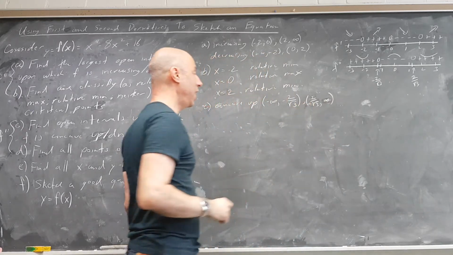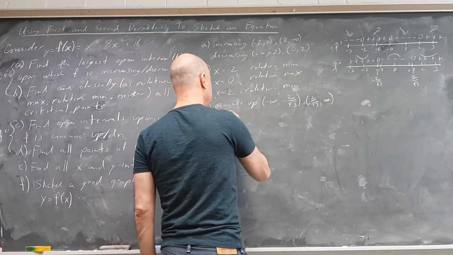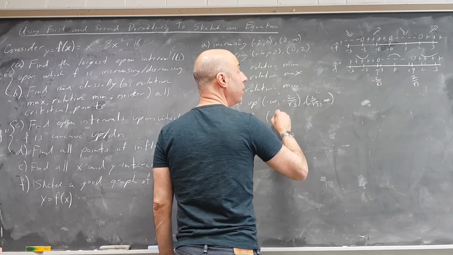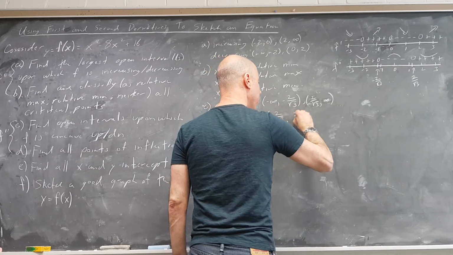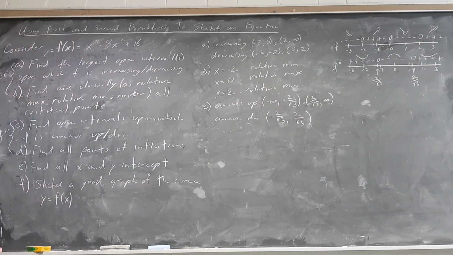Again, I'm going to ask you to use a comma. Concave down from -2/√3 to 2/√3. All the information from C and D can be read right off the second derivative sign chart.